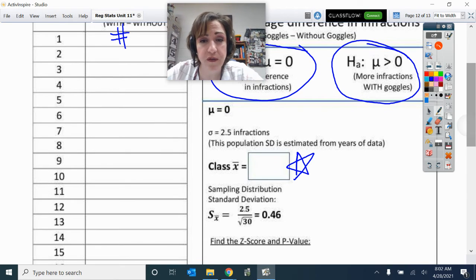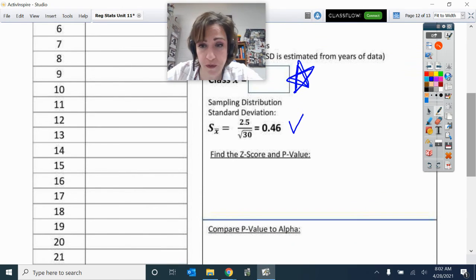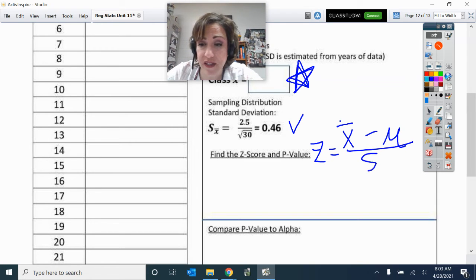Okay, so we're going to run a statistical test. I've given you a few things because this is a mean problem and we haven't done that in a while. Our null hypothesis, of course, is 0. This is your data, and I went ahead and computed the standard deviation for you. When you get your z-score, you're going to do the class's sample minus our hypothesized mean, which is 0, divided by the standard deviation of the class's mean, which is 0.46.